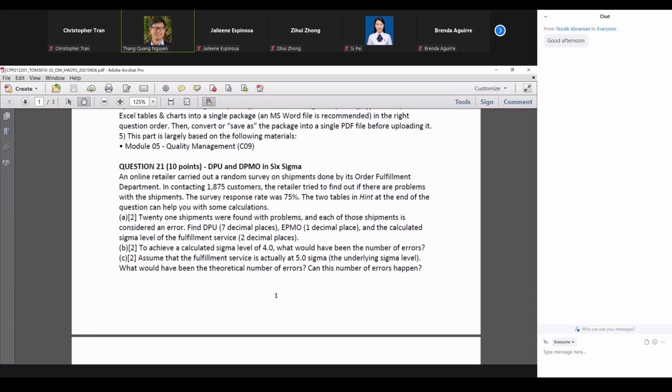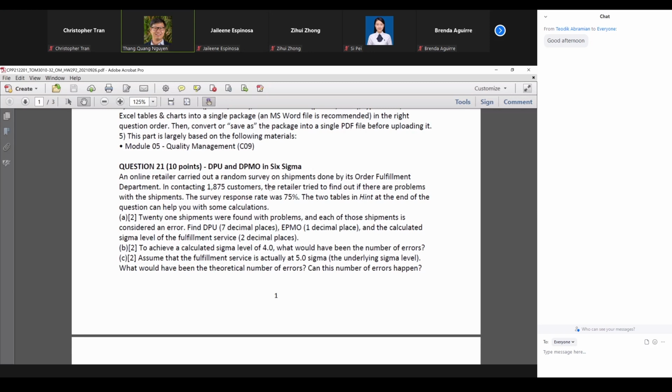So why does an online retailer have to contact the customers to know if there is a problem with the shipment? Because only the customer knows if there's a problem. Only when they receive the shipment will they know if that is a correct item or not. Is that damaged or not? And when they try it, is it functioning or not, right? So only the customer knows.